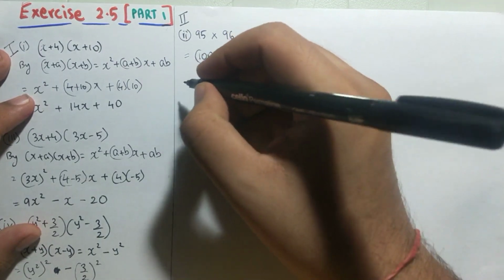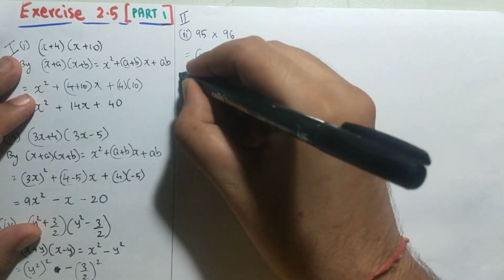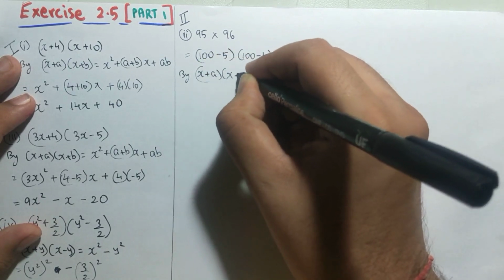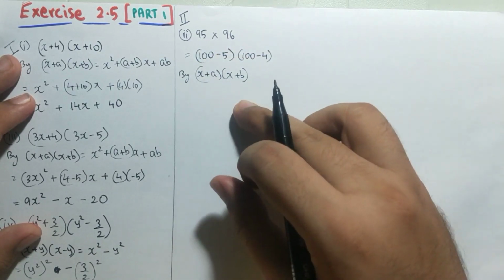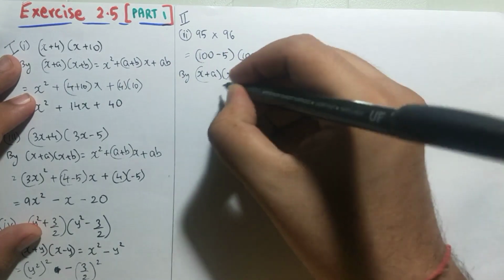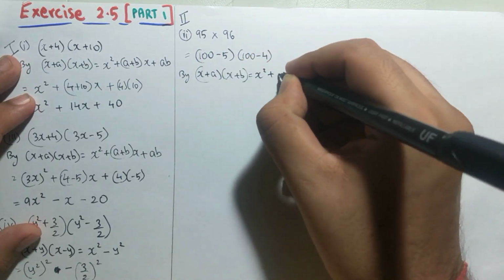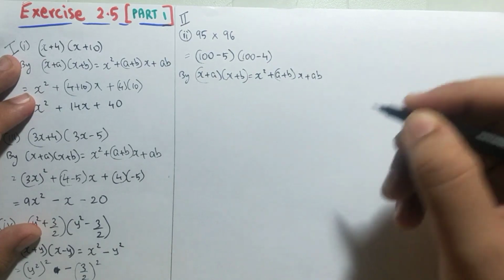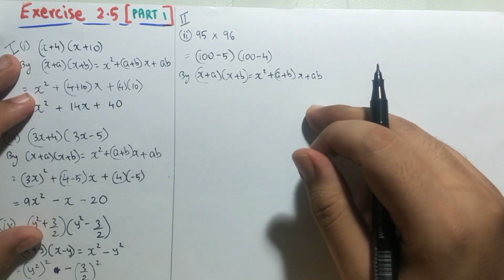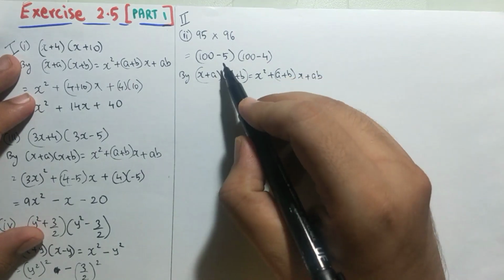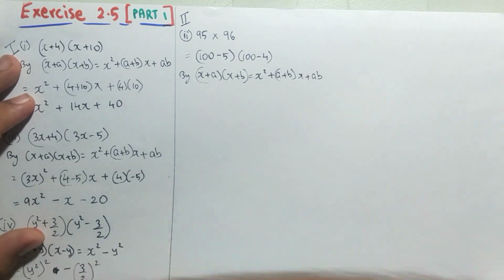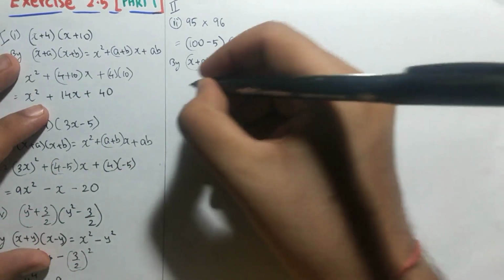So by which identity can we solve this? By (x plus a) multiplied by (x plus b), where the first term is the same and the second terms are different, equals x square plus (a plus b)x plus ab. Now the thing to be taken care of is that a is minus 5 and b is minus 4.